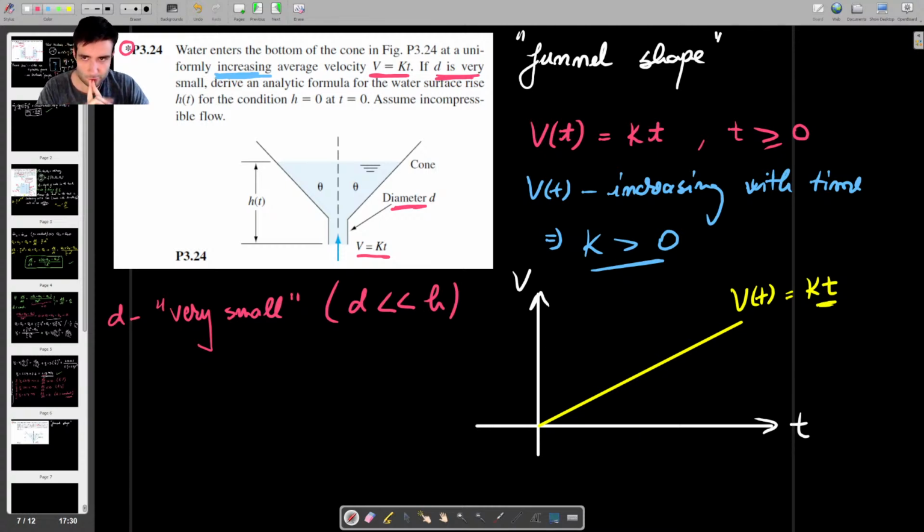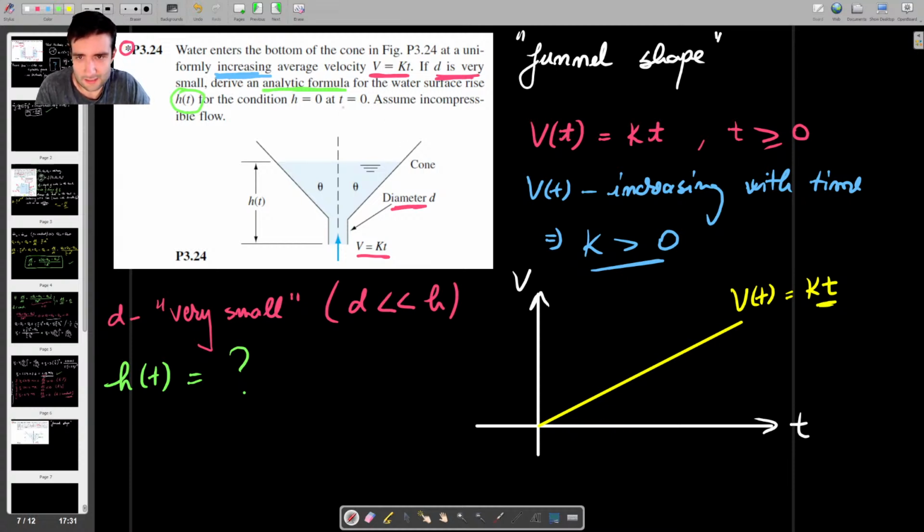So what we have to do is derive an analytical formula for the water surface rise h(t). So we have to basically say what is h(t) equal to.